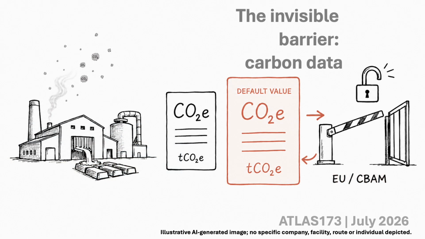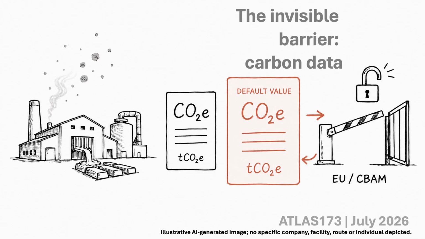So the key point to grasp is that CBAM is not just a financial mechanism. It is also an information system. Exporters must identify, calculate, and verify the emissions embedded in their products.